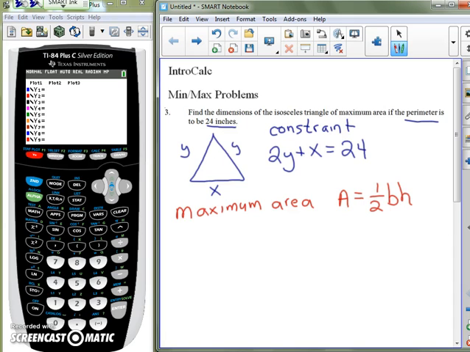Okay. So B is going to be the base. We'll let that X be the base. But the height is actually right there. Now, here's the tricky part that requires experience.